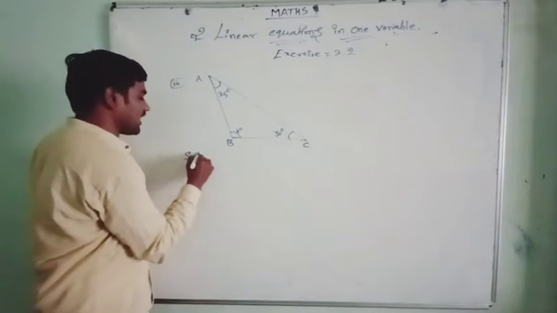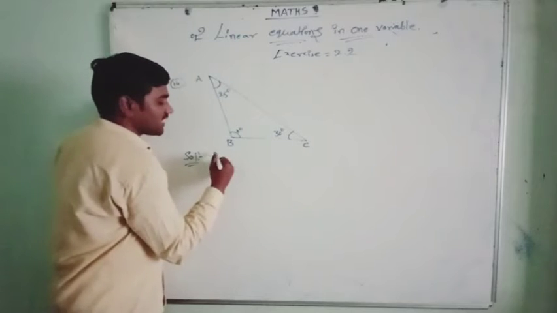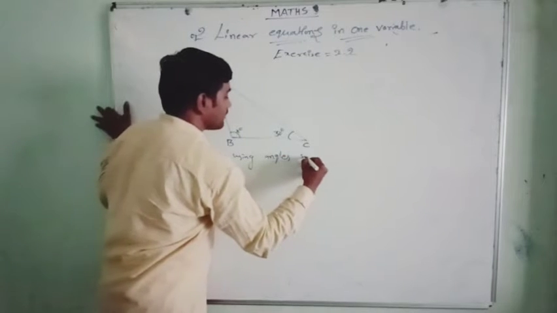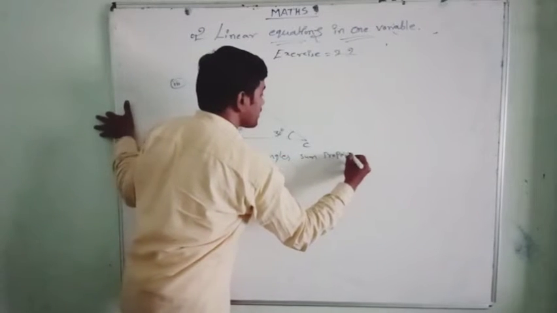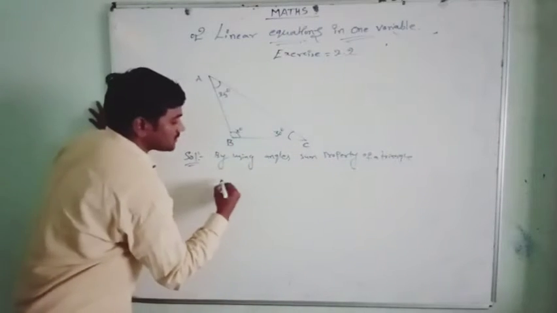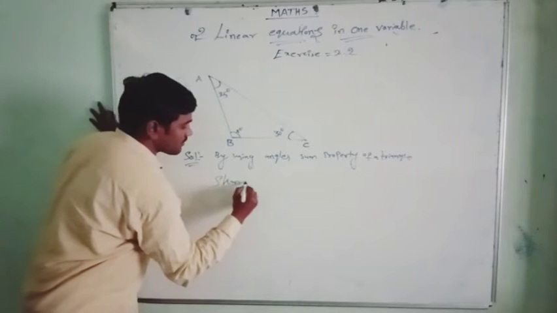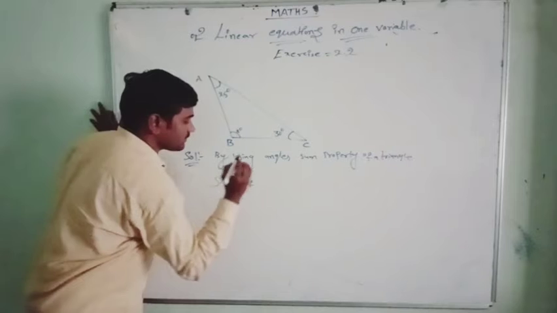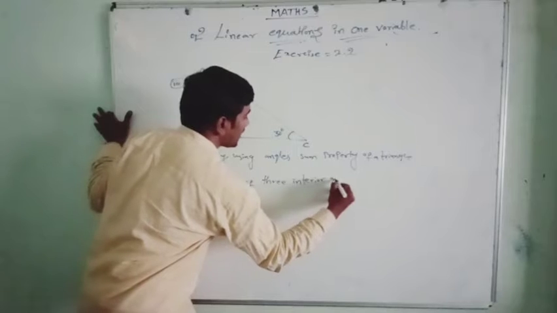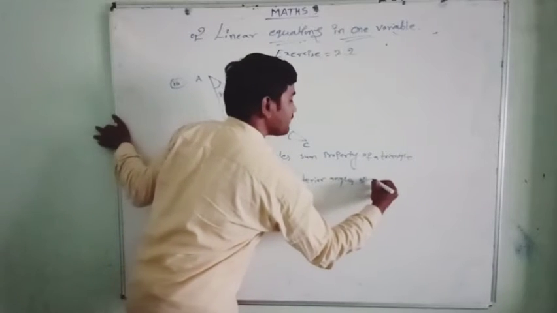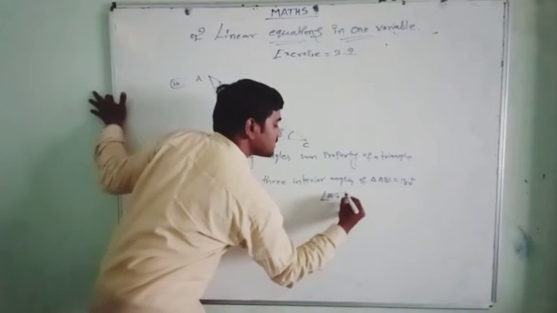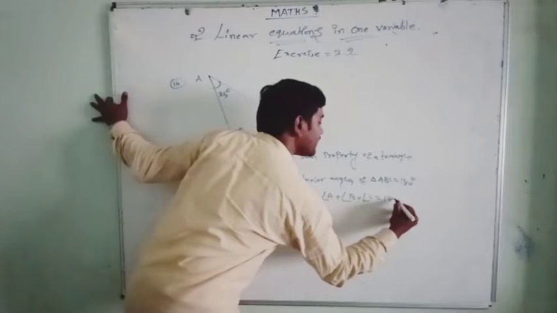By using the angle sum property of a triangle, the sum of 3 interior angles of triangle ABC equal to 180 degrees. So that means angle A plus angle B plus angle C equal to 180 degrees.